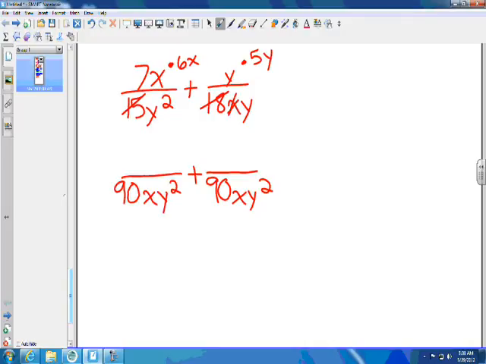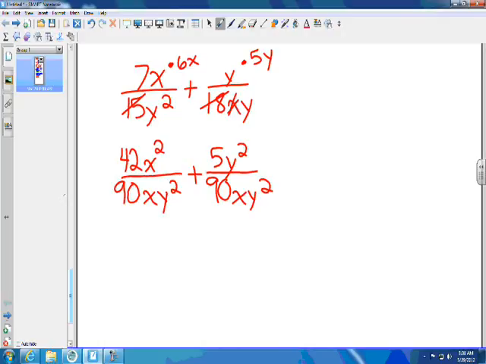So 7x times 6x, 42 what? Good. And y times 5y, 5y squared. So now we do have a common denominator. Now we can add them together. Can you add those tops? Can you combine those?